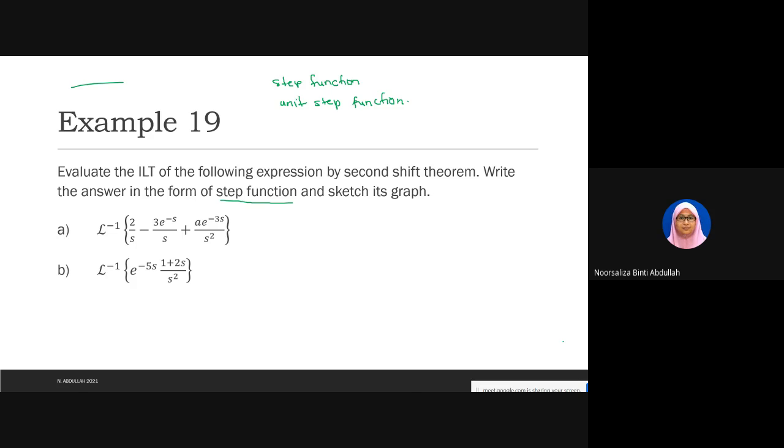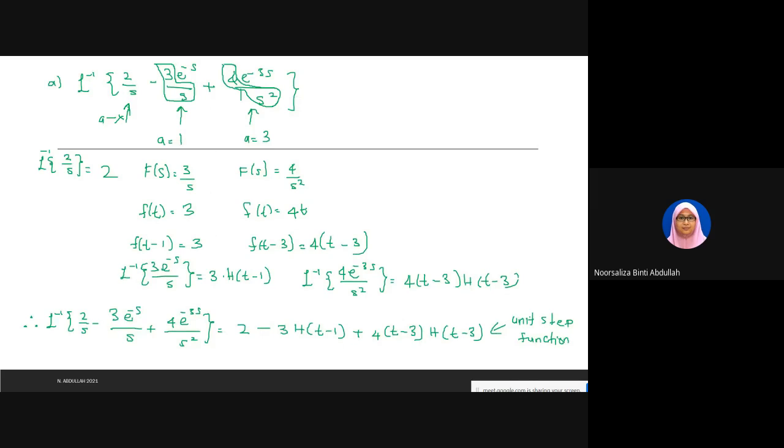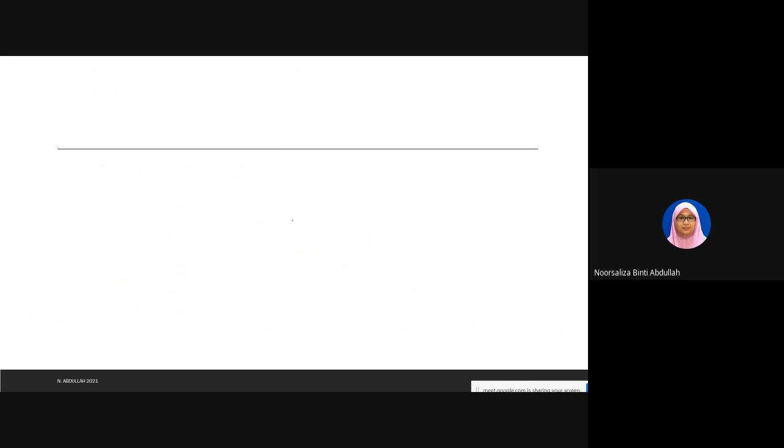From step function to unit step, there are a few steps. Do you remember the steps?